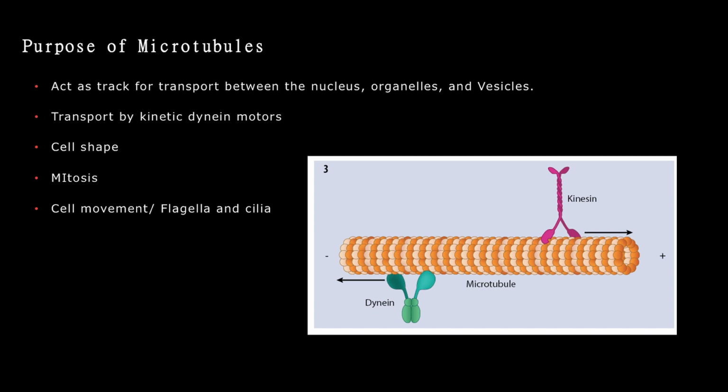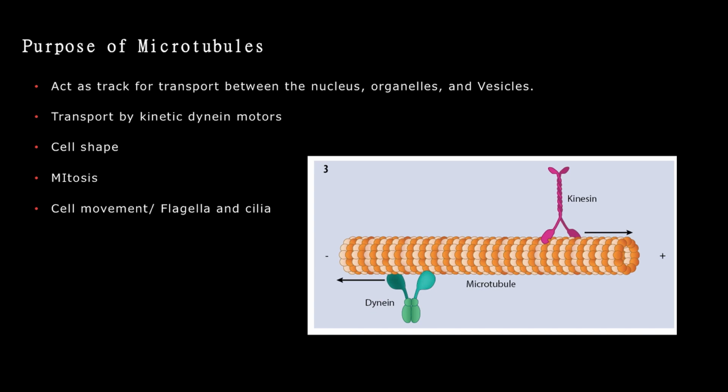Kinesin goes towards the positive end, while dynein goes more towards the negative end, as you can see in the image. So if it needs to go in one direction, it hops onto one of them. If it needs to go towards an organelle in the other direction, it goes there. If it needs to go back into the nucleus, it goes in that direction. It truly depends on where it needs to go.